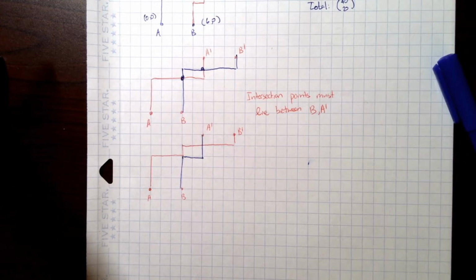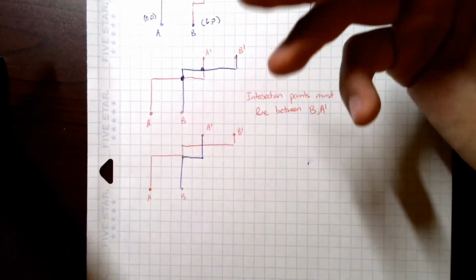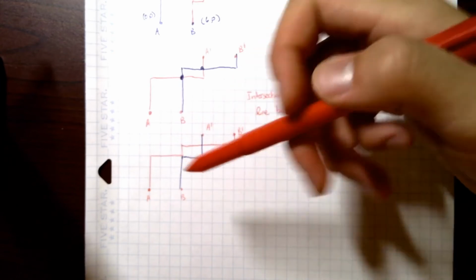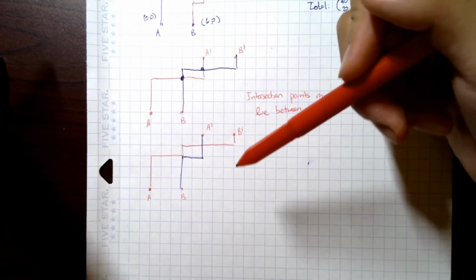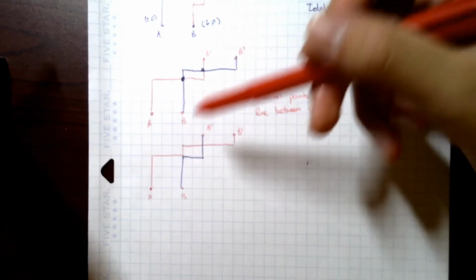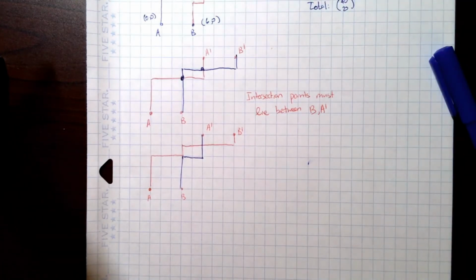We can biject the complement of having no intersection to finding the ways to draw these two lines from A to B' and B to A'.